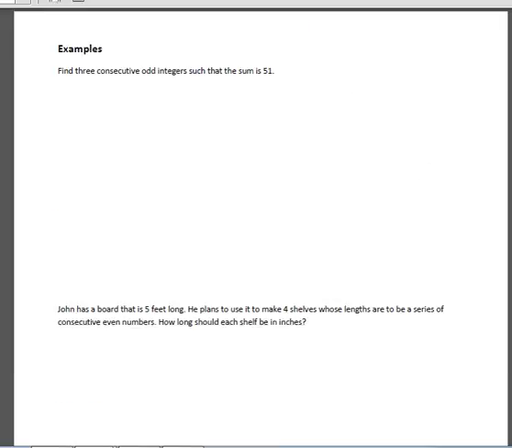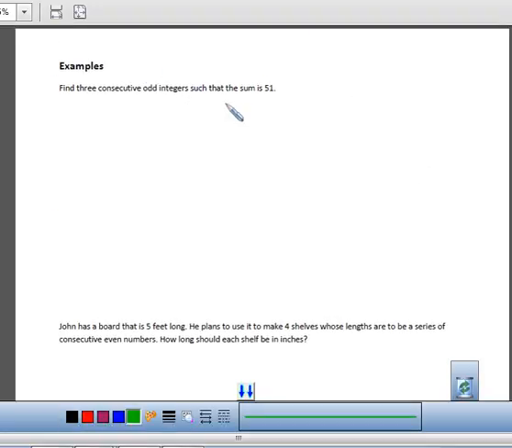Find 3 consecutive odd integers such that the sum is 51. Okay, so we're going to let x equal the first number. We're going to let x plus 2 equal the second. If you want to do, instead of number, odd integer, that's fine.